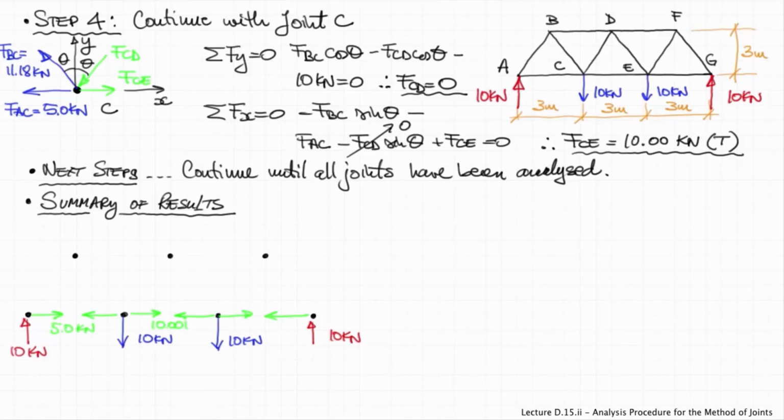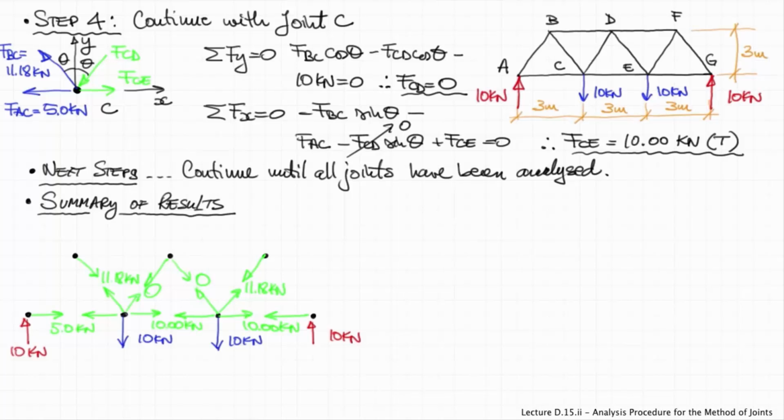I will draw the members in tension in green and the members in compression in purple, just for the purpose of differentiating these. But what is very important is the directions of the arrows of the forces in the members. And remember, we always show forces acting on the joints.